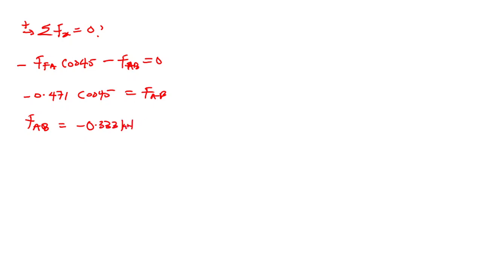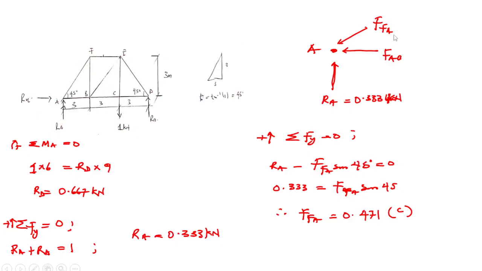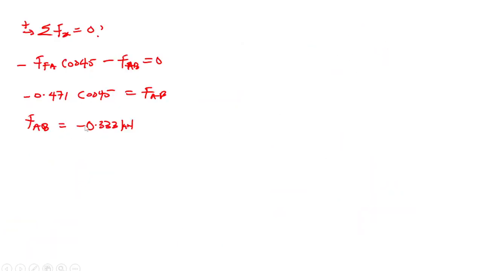Our initial direction for FAB was compression, and since we have a minus, it means our direction is wrong. So FAB is actually 0.333 kilonewton, in tension instead of compression, because our answer is negative, which shows that we need to change our direction.